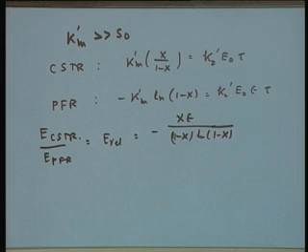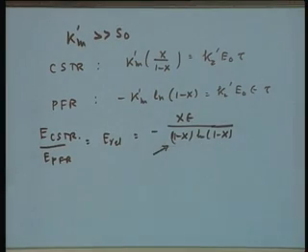The relative quantity of enzyme required in the case of CSTR and PFR under first order regime can be given by this expression. Notice that the higher the required conversion level, the higher the relative amount of enzyme required in CSTR.